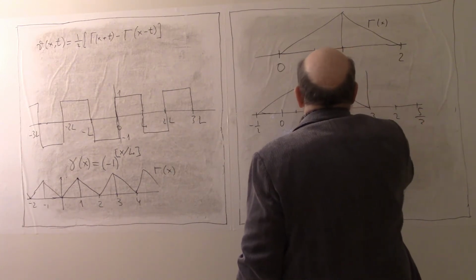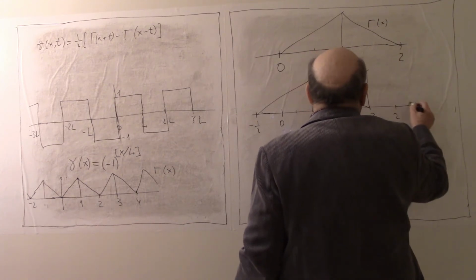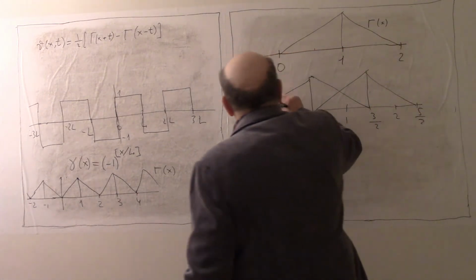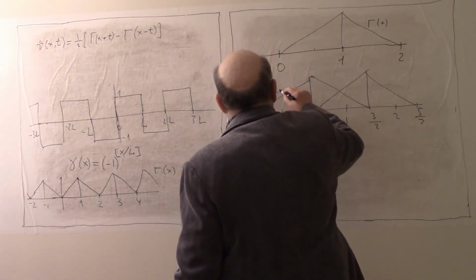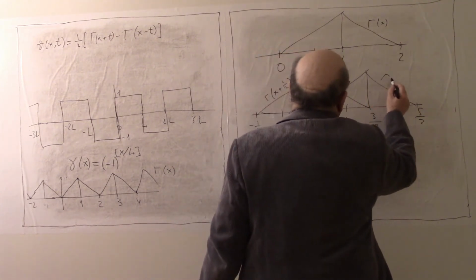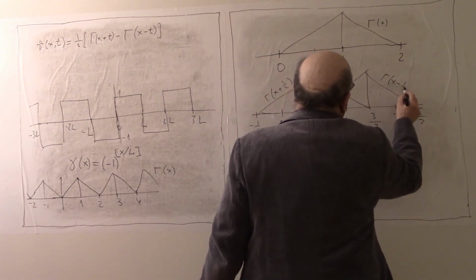So the second function is this. Now it is gamma of x plus 1/2. It is gamma of x minus 1/2.